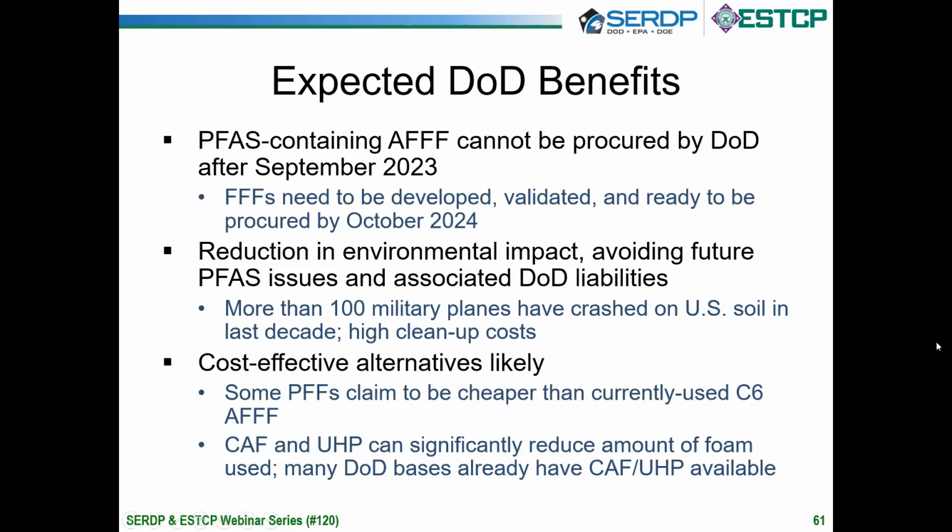On the other hand, both CAF and UHP will have some capital cost that would be added to existing equipment. So we're in the midst of doing a payback analysis, looking at the cost and benefits. So overall, the primary benefit is to be able to replace PFAS in firefighting foams, and we are quite optimistic about meeting that goal.